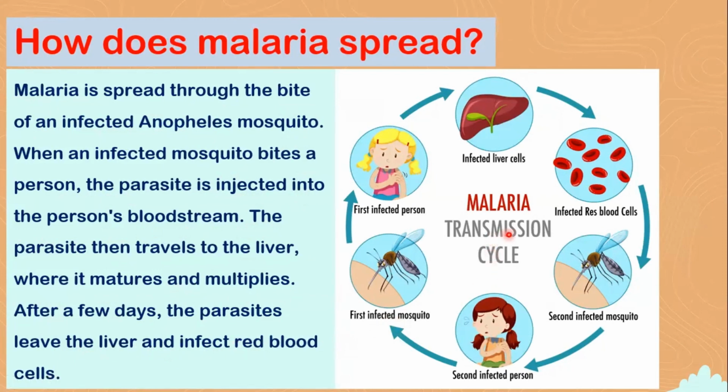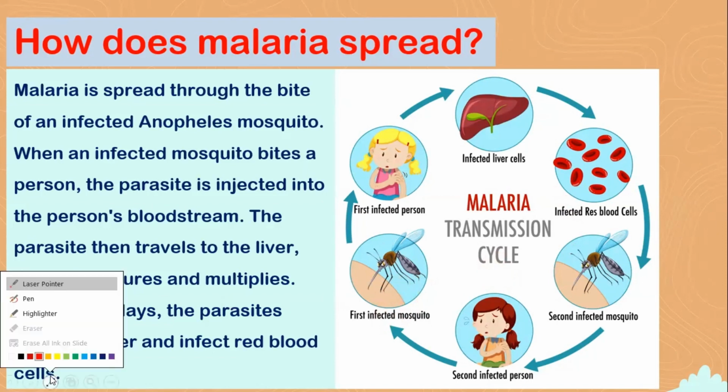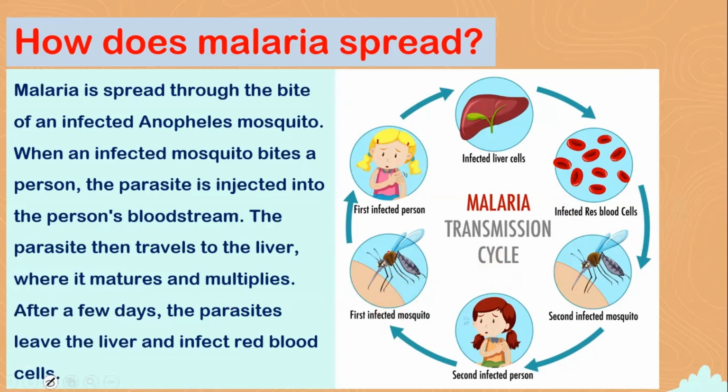So if you look at the picture on the right-hand side, it shows the malaria transmission cycle. It is a complex process, but I will try to explain it in a simple way. The malaria transmission cycle begins when an infected mosquito bites a person.